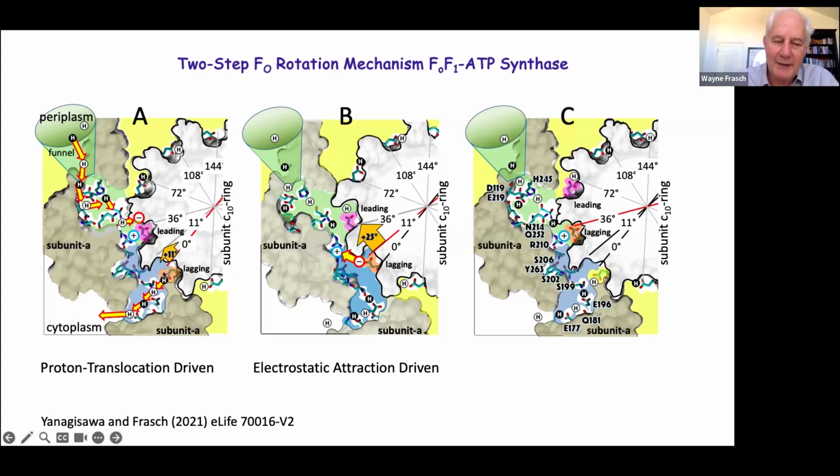So how does it get the rest of the way? We think that once you make this negative charge, it causes an attraction to this highly conserved arginine, and that pulls it the remaining 25 degrees so that the process can repeat. We proposed that because we could mutate all of these and change the pKa value of the entire thing.